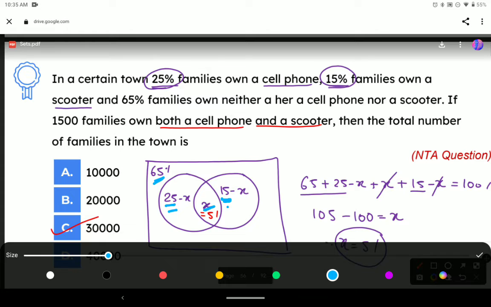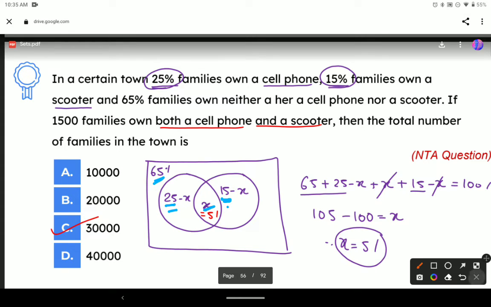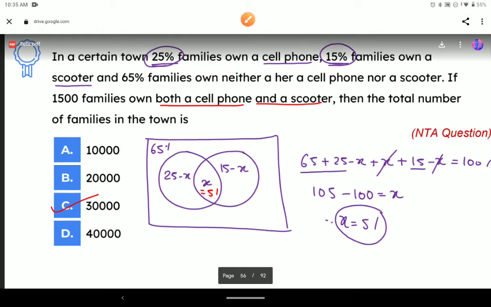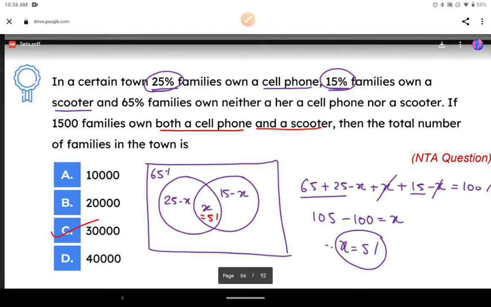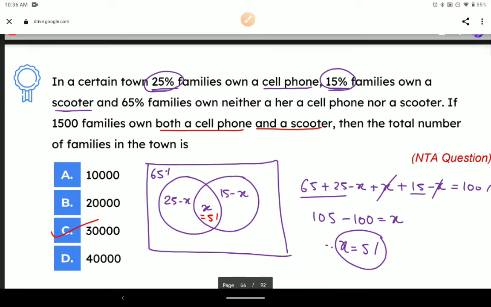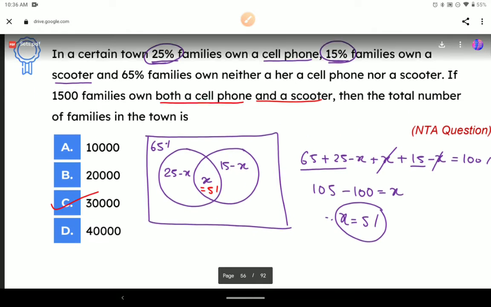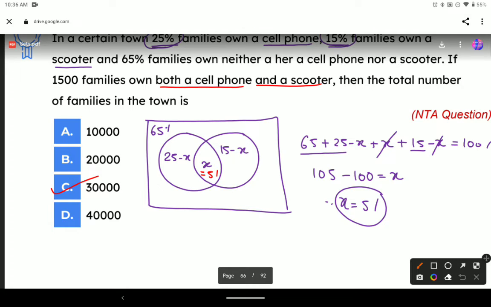Then the total number of families in the town were asked. If you carefully observe, if we add all these, 65% plus 25 minus x% plus x% plus 15 minus x, this results in 100% of families. So if we do this calculation, x results in 5%.